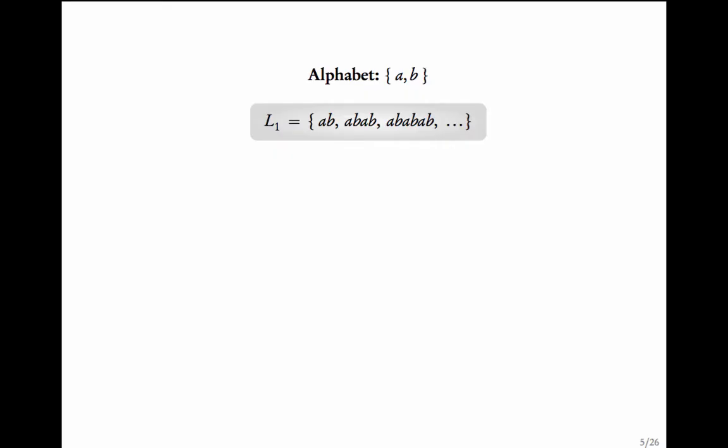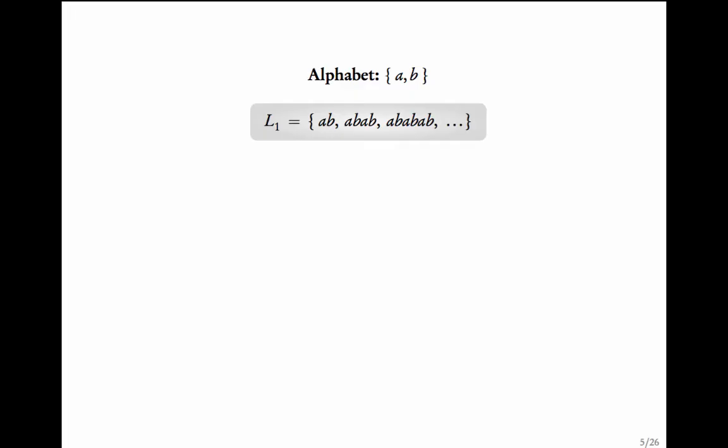And now I am forming a set of words using this alphabet. So the words are AB, ABAB, ABABAB, and so on. There are other words like BA, B, BBB, etc. But I'm not considering those words.